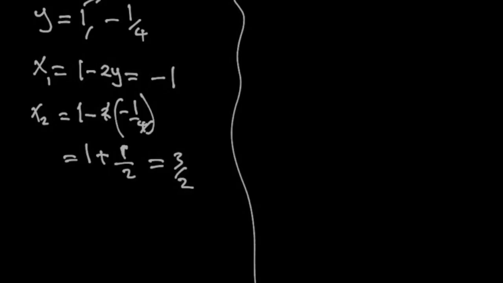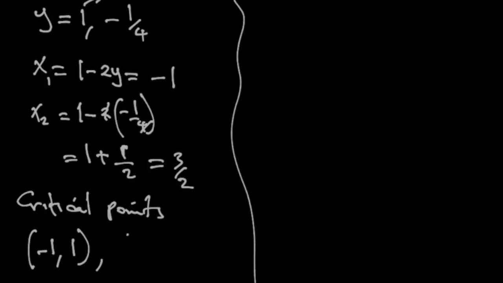Now we have found our critical points. One is (-1, 1), then the other one is (3/2, -1/4). Now we have to find the second derivatives of that function to classify them.